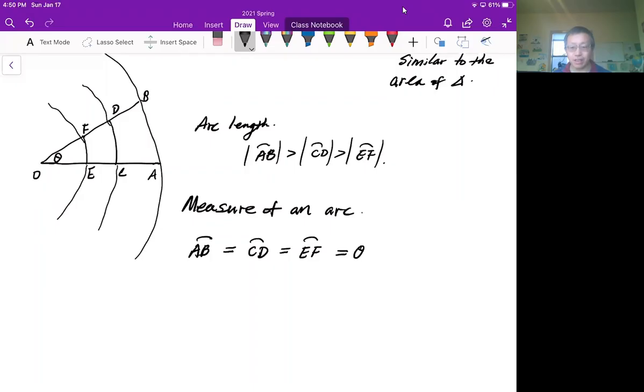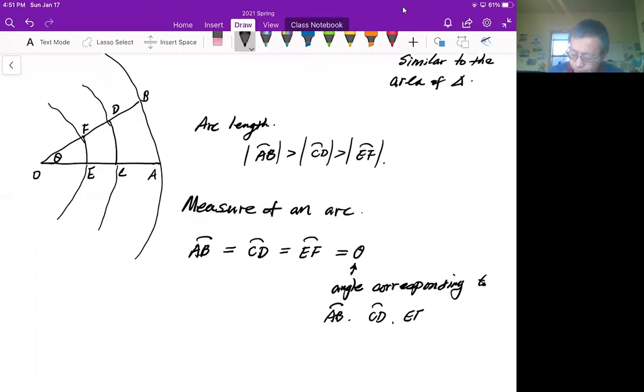So this is the angle corresponding to the arc of AB, and to the arc of CD, and to the arc of EF. The only difference is that they are in different circles. But that doesn't matter: as long as they correspond to the same central angle, they have the same measure.